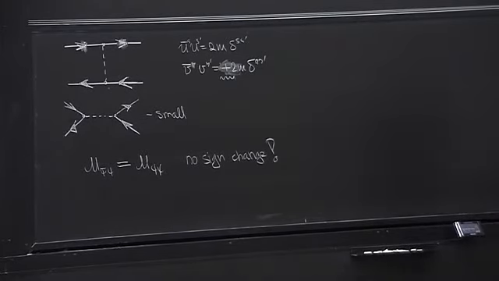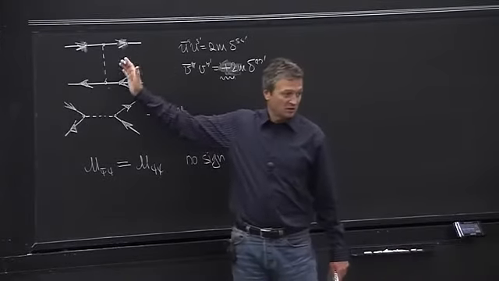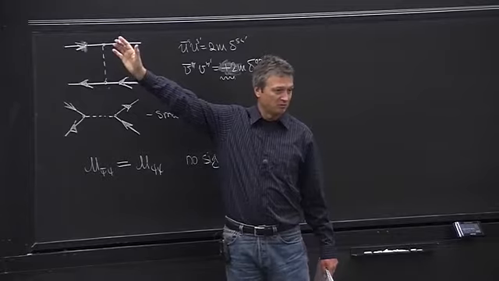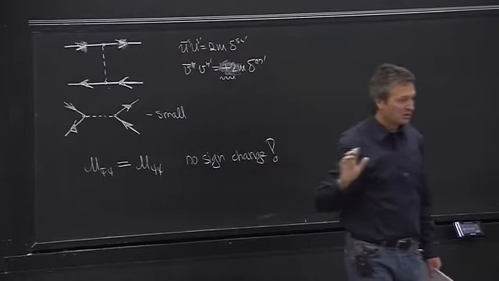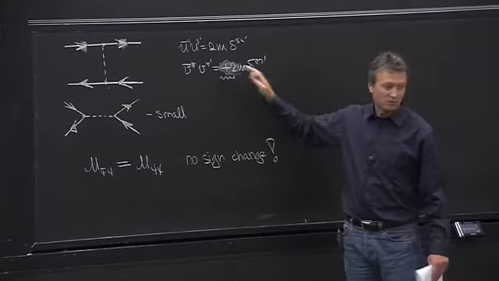Yes? Shouldn't there be a factor of -1 due to the exchange of fermion lines? No. Well, we are comparing signs between the scalar and vector exchanges, and so the only sign change is here.